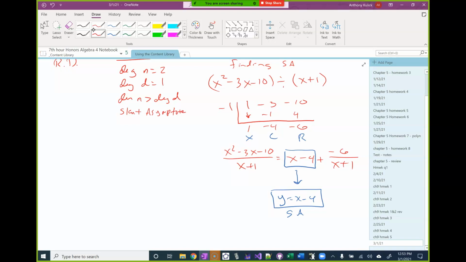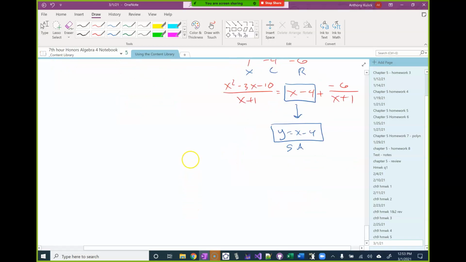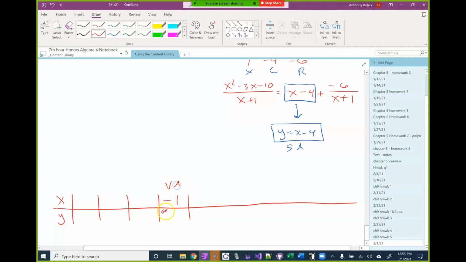You ready to start constructing something? Okay. So I'm going to start by making a XY table with 3 points on either side of my vertical asymptote. Now 0, I notice, is my removable discontinuity, so I'm going to label that.